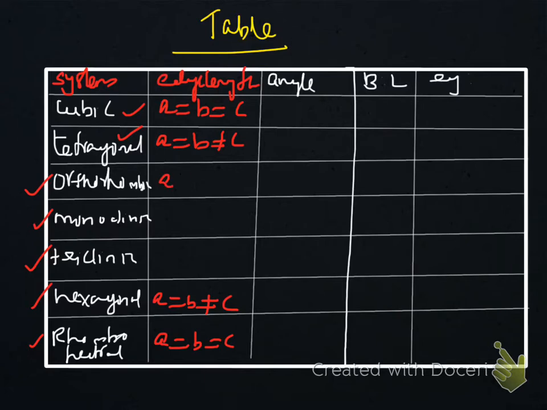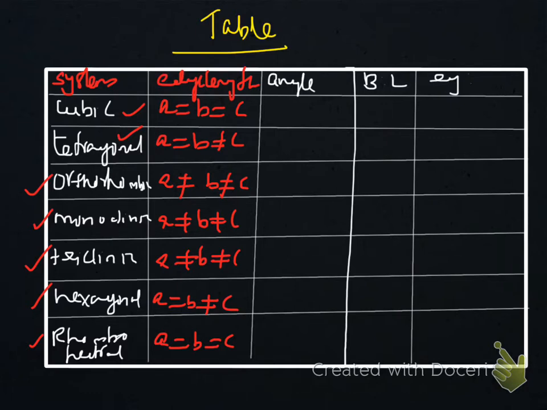They have all unequal: A not equal to B not equal to C. This is true for orthorhombic, monoclinic and triclinic.